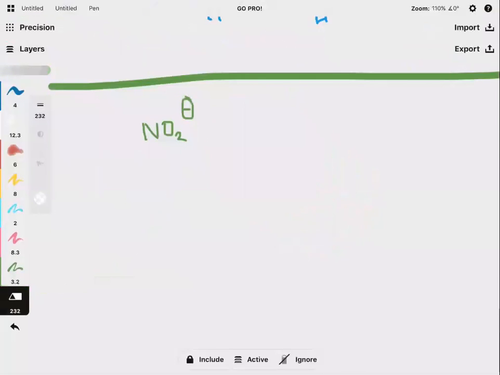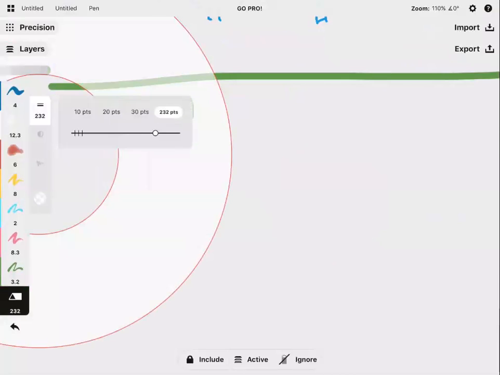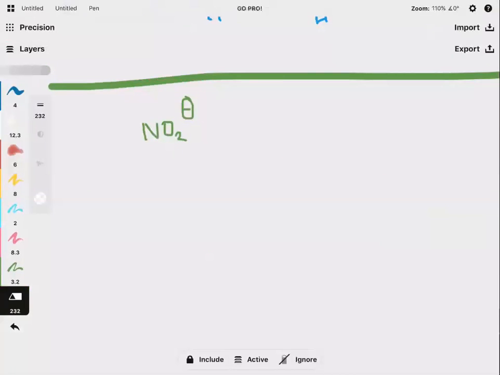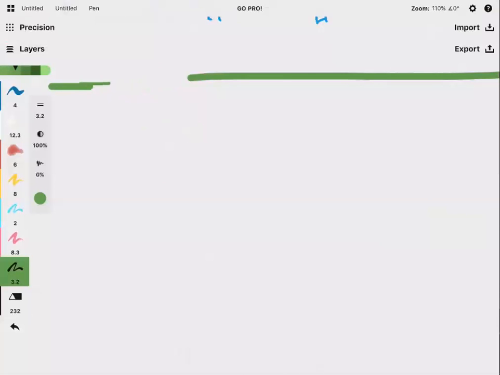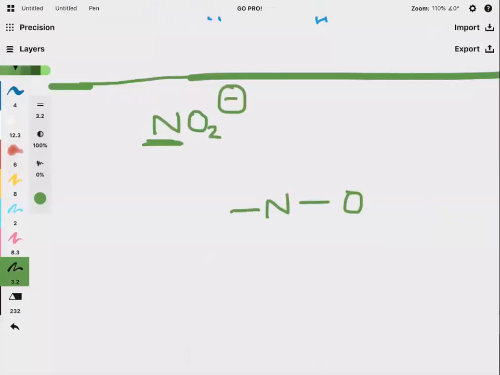NO2 minus. So whatever letter is written on the left side is usually the atom that's going to be in the center of our structure. So here N is on the left side, right? So N's probably going to be in the middle, and it's going to have 2 oxygens sticking out on the side of it.